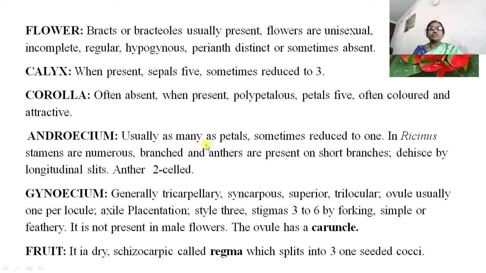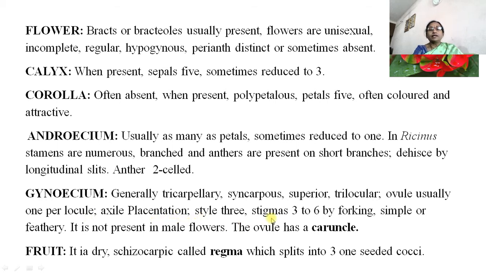Androecium usually as many as petals, sometimes reduced to 1. In Ricinus, stamens are numerous, branched, and anthers are present on short branches, dehiscing by longitudinal slit. Anthers 2-celled, that is bicelled. Gynoecium generally tricarpellary, syncarpous, superior, trilocular, ovule usually one per locule, axile placentation.